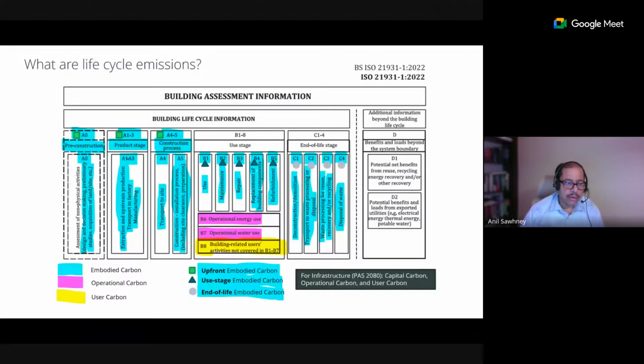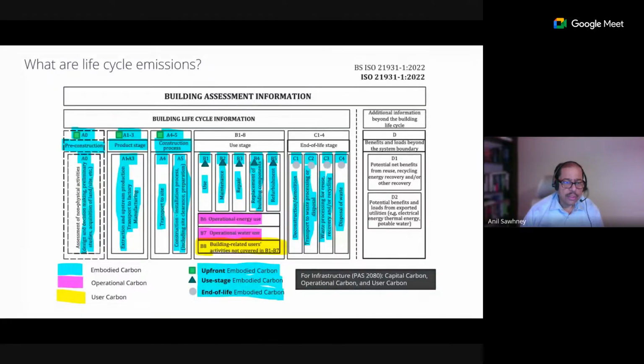So top level categories: embodied carbon, operational carbon, user carbon. Embodied carbon is further subdivided into upfront carbon, use stage carbon, and end of life carbon. Okay. If you look at C1, C2, C3, C4, C1 is all emissions related to deconstruction, demolition of your asset.